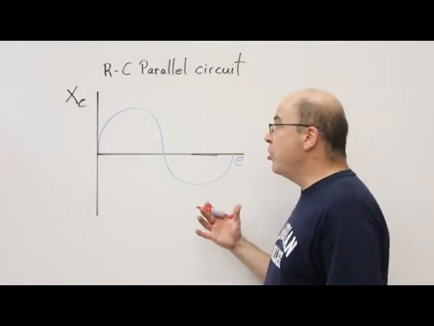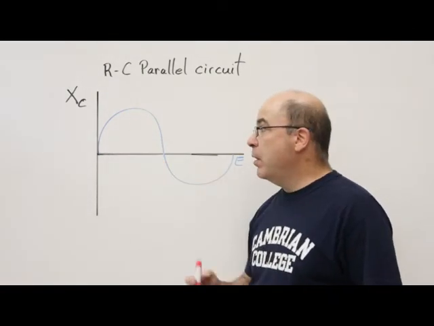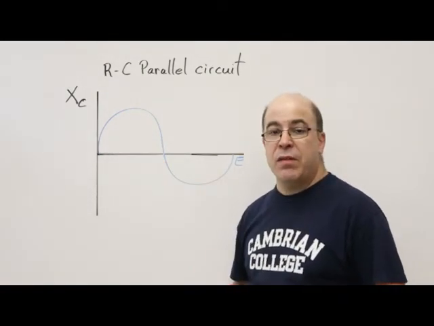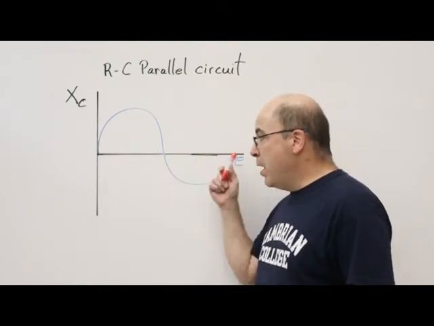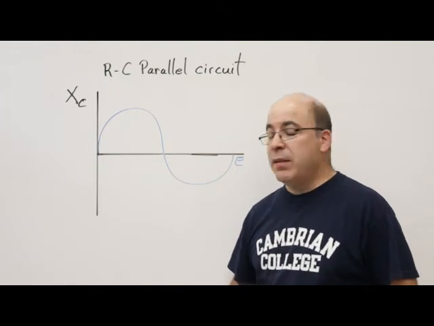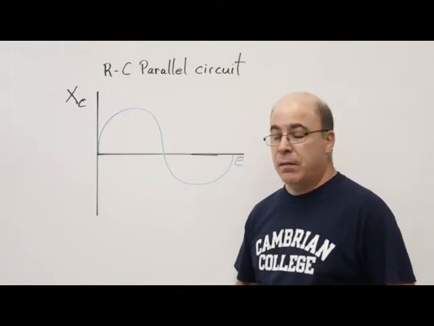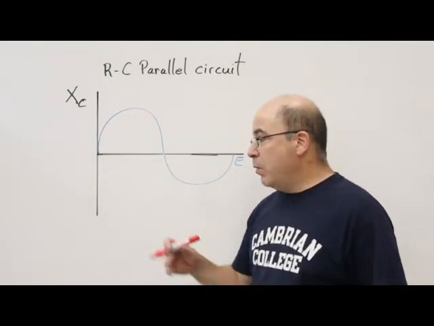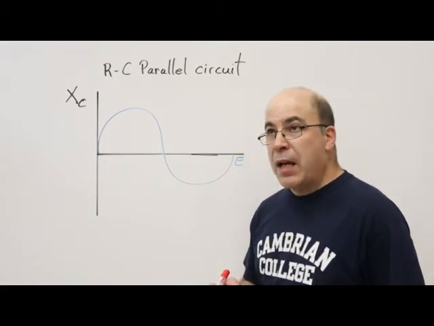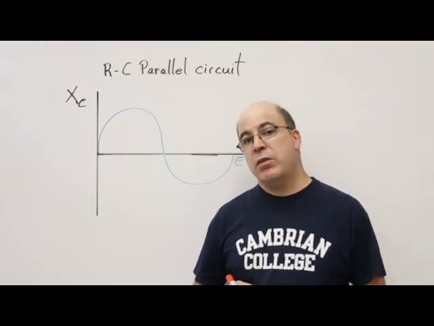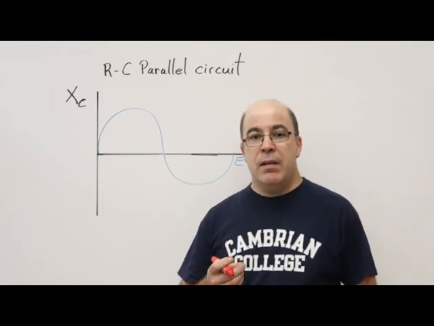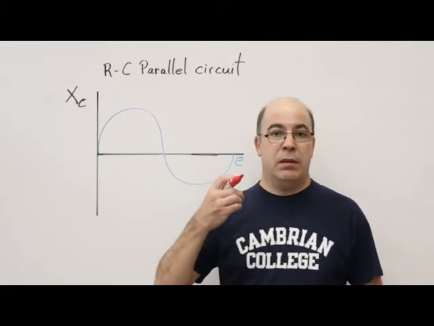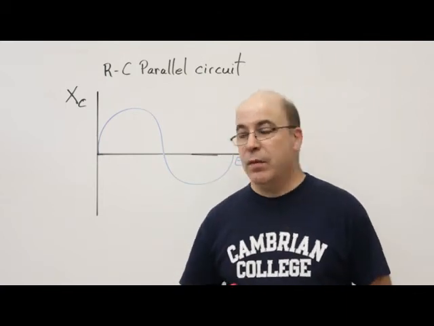Looking at the voltage and current relationship for the capacitive branch of this parallel circuit, we've got the voltage waveform drawn in because it is a fixed value. And we know for a fact that capacitors naturally oppose a change of voltage. And it can be said that the current leads the voltage.